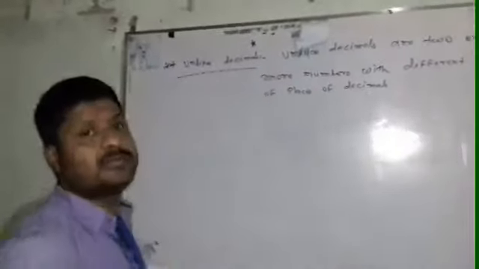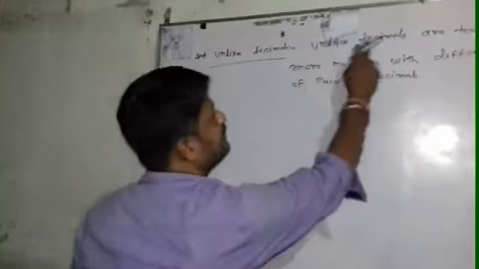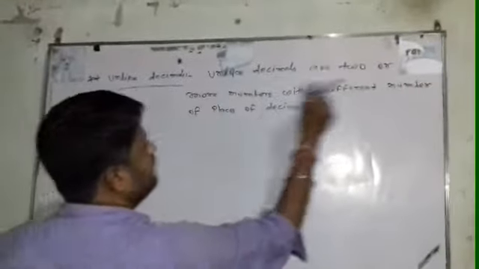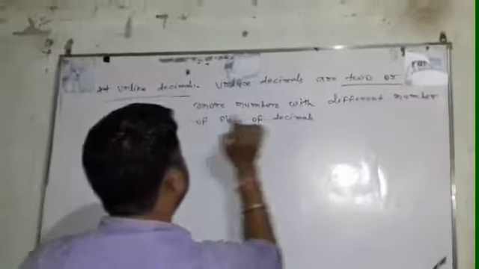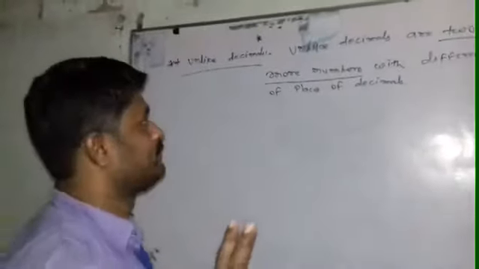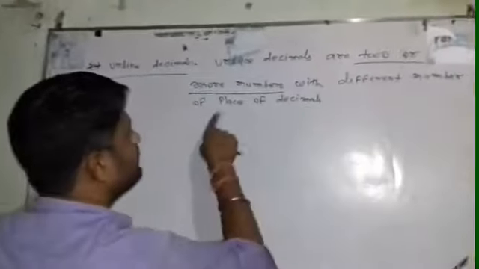Yes, this is unlike decimals. So we have two numbers with a different number of places of decimal.